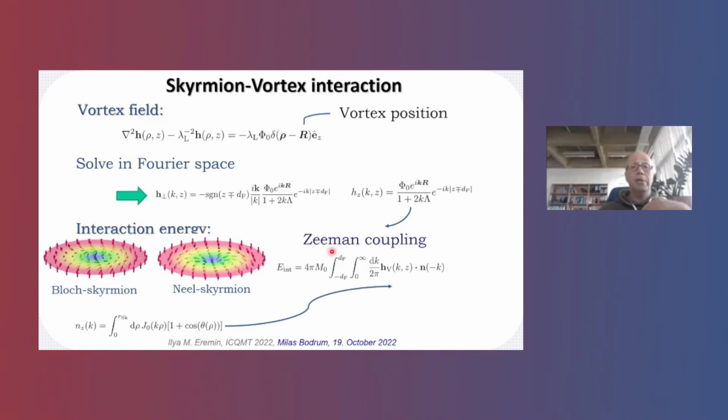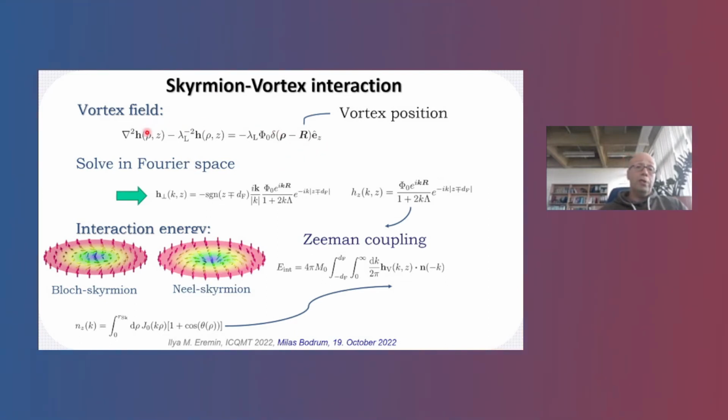Okay, so then the idea is exactly the same as what Bogdanov and Yablonsky considered, except that now you add an extra term. So imagine you have a chiral magnet which does not have a direct interaction with a superconductor. And the only interaction you have is that, by the application of the external field, you also create vortices.